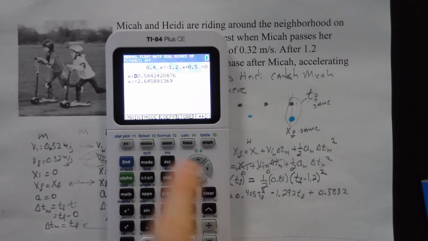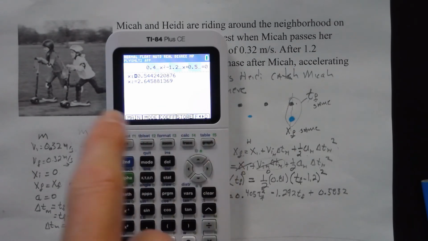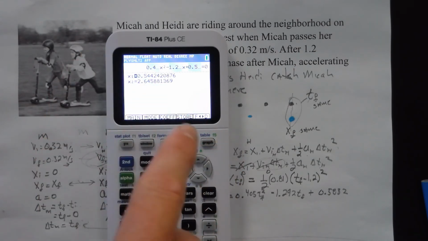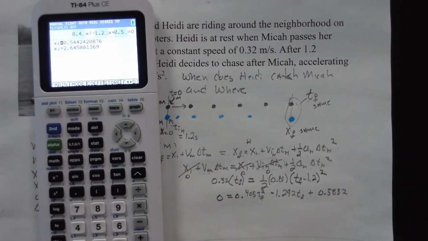So this says they would be together at half a second and 2.64. Well, the half doesn't make sense. That would make sense if Heidi was moving all the time and had been moving backwards and accelerating forward, so she would have gone back and forward. But she's not. So that doesn't make sense. So the answer is the 2.645.